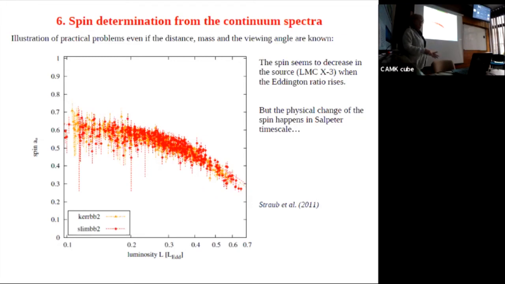So it looks like when the source is brighter, the spin is lower. That is not possible because I told you about the Salpeter timescale. To change the mass or to change the spin, you need 10 to the 8 years and not half a day. So this should not happen. It's just something wrong with the model.